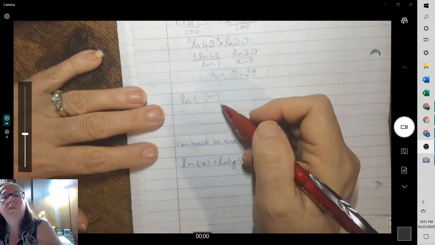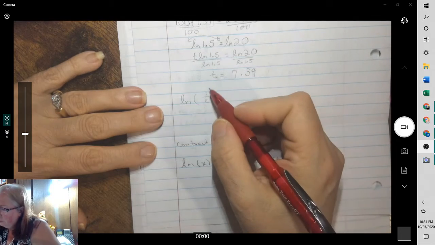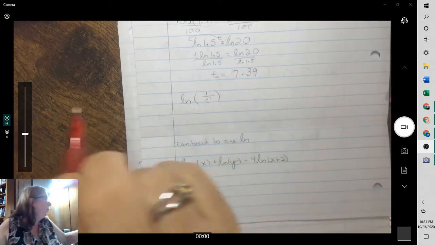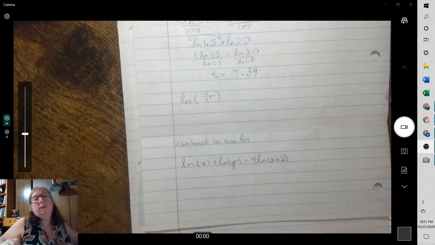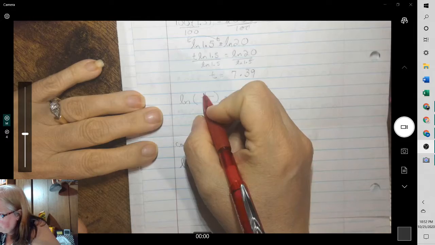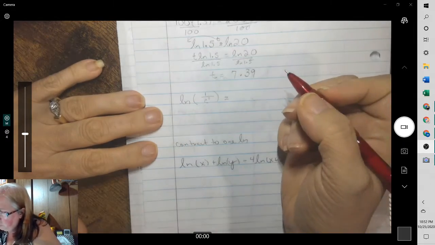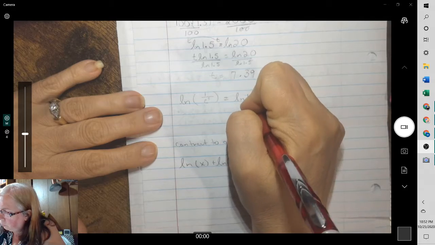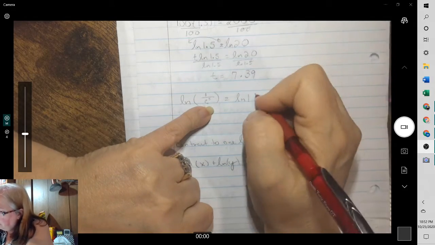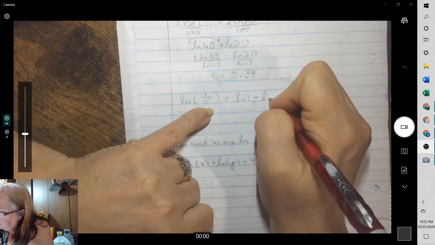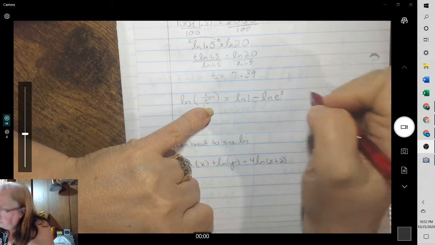How about this one? Natural log of 1 over e to the 5th. Okay, a couple ways we can do this. We can bring the e up first, or you can break it into 2 because the natural log of 1, and then the bottom is divided, so you subtract the natural log of e to the 5th.